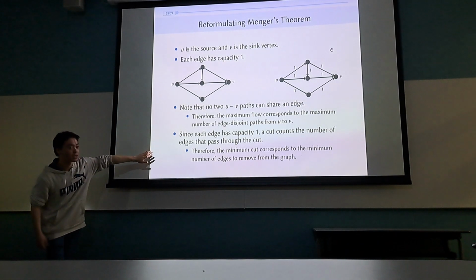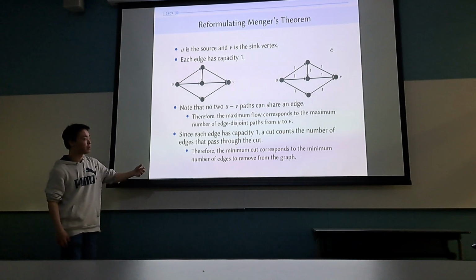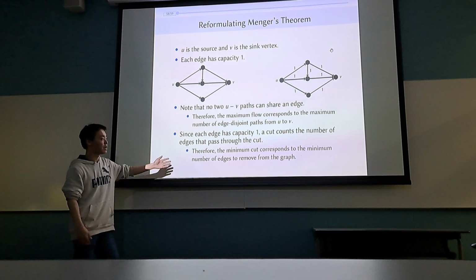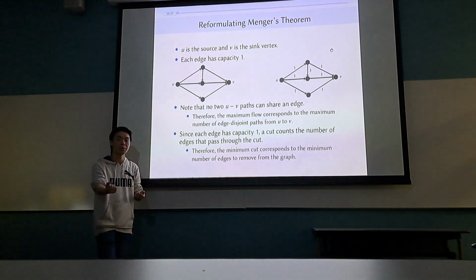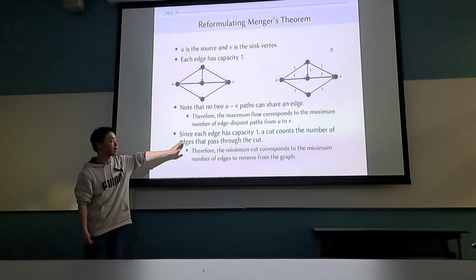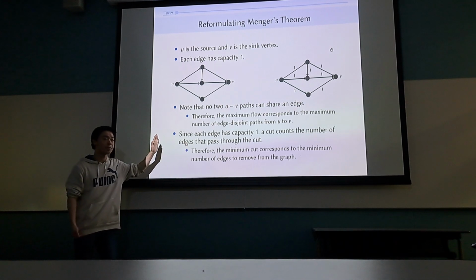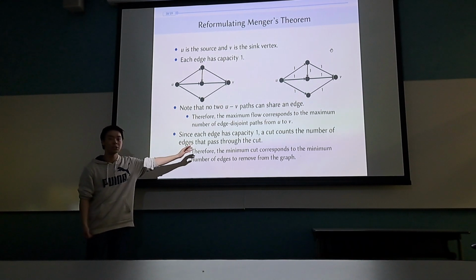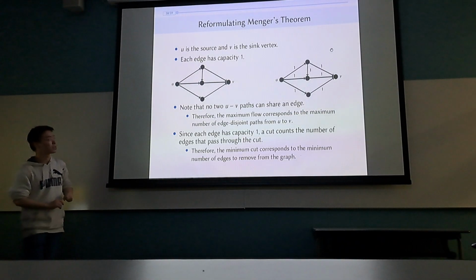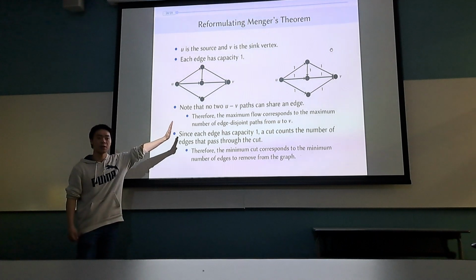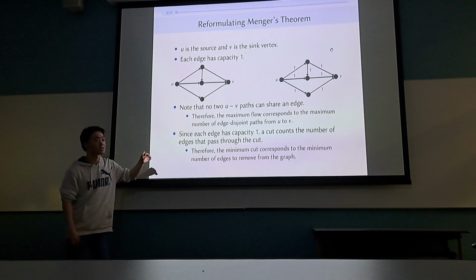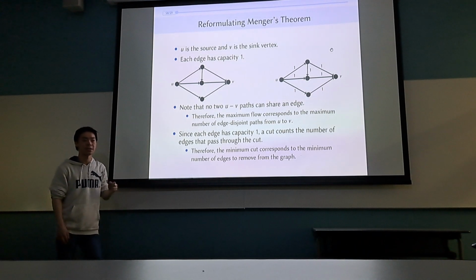And because each of the edges has capacity 1, a cut basically counts the number of edges that pass through the cut, and therefore the minimum cut has to correspond to the number of paths I can take from U to V. But because each of the paths are edge disjoint, these are going to count as the number of edge disjoint paths from U to V. And you can see that by applying maximum flow, that will tell you the smallest number of edges I want to remove so that U and V are completely separated.